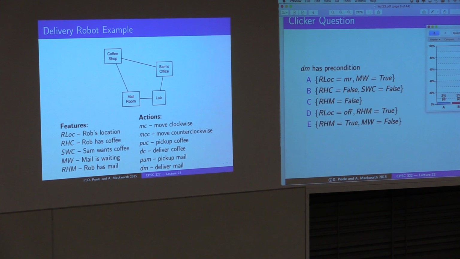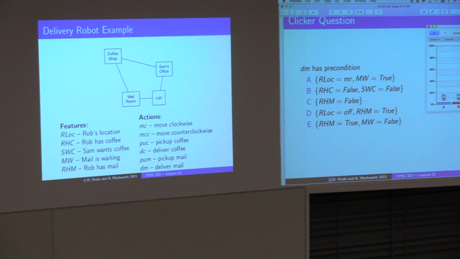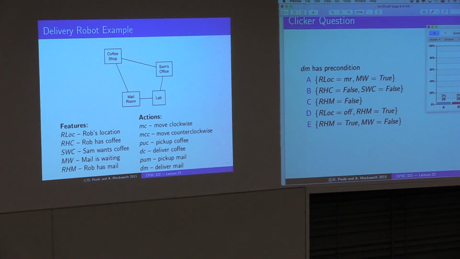Yes? The question is, after it's picked up mail, will mail waiting be false until it's delivered? After it's picked up mail, mail waiting becomes false. But does it stay false until the mail has been delivered, or does it become true?